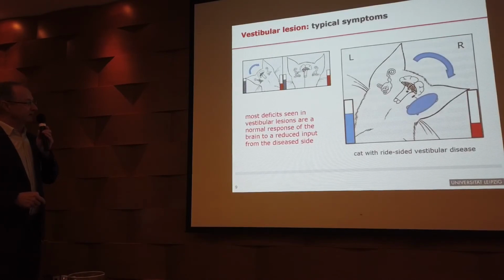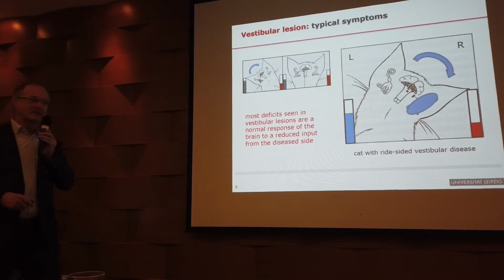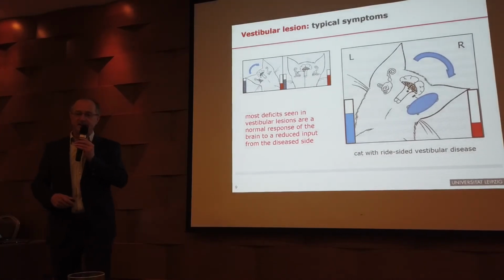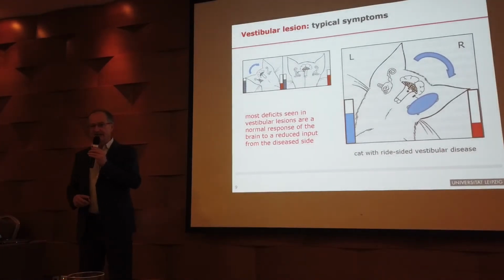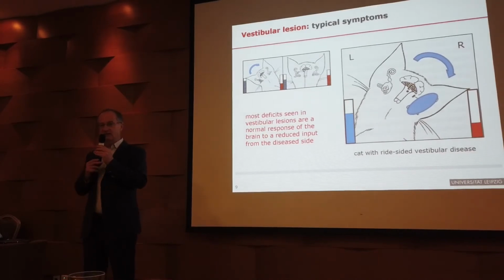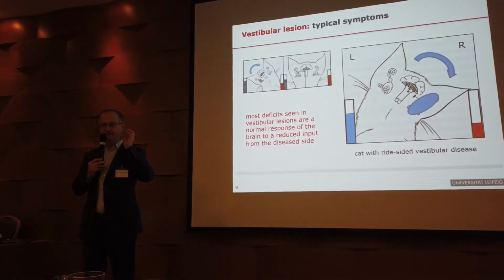If I have now a patient, and also how fast it's changed. Also how fast. Yes. If I have a patient now that has lost one inner ear where the signal comes from, suddenly the brain does not get any input from this side.